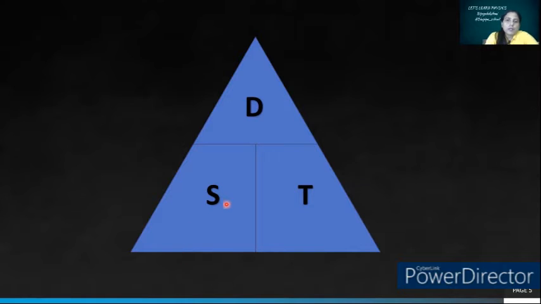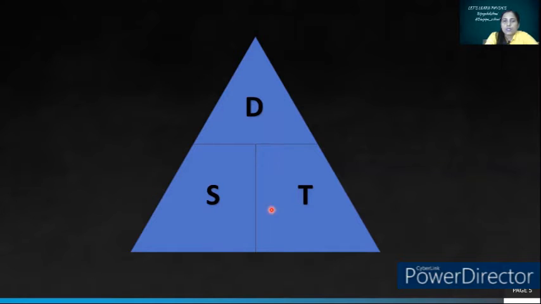Sometimes this triangle comes in handy when you don't remember how to calculate distance. Suppose you are asked to find the distance with a given time and given speed. In that case, you hide the distance and see that speed and time are both on the same line, so it is multiplied, it's just the product, S into T. How to find D?